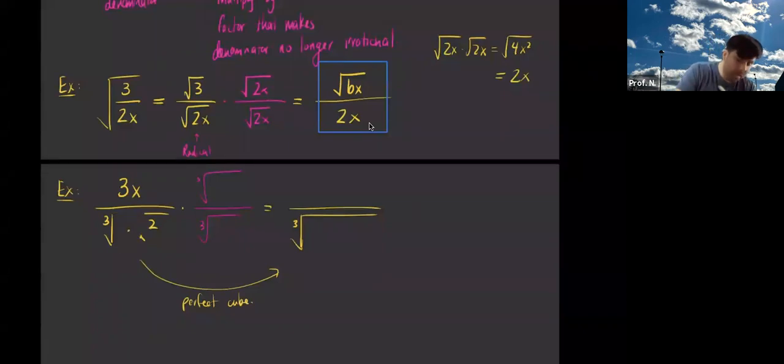So 3 multiplied by what number gives me a perfect cube? So just think about what is perfect cube for 3. 3 cubed is 27. So it makes sense that I should get a 27 at the end. So 3 times what number gives me 27?